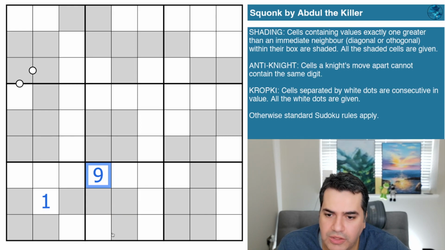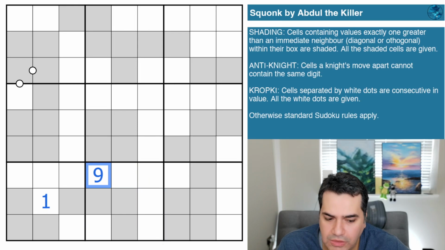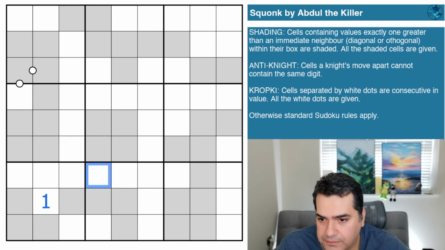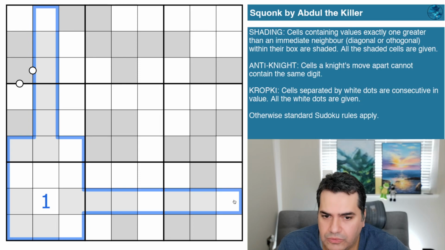So all that's saying is there's no 8s around it. 8s could be somewhere else in the box. So 9s can actually be unshaded. This is really not very helpful. Just having a think around.